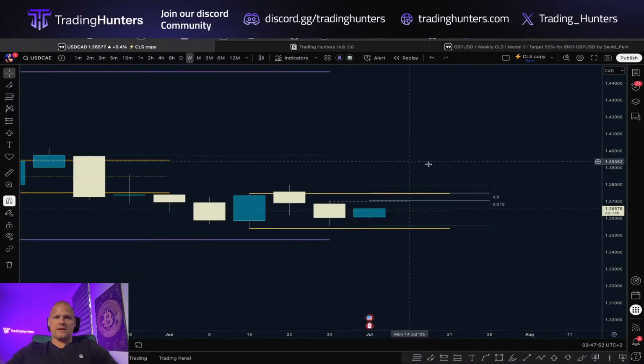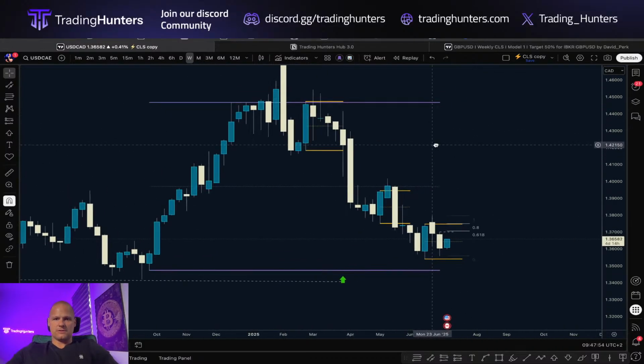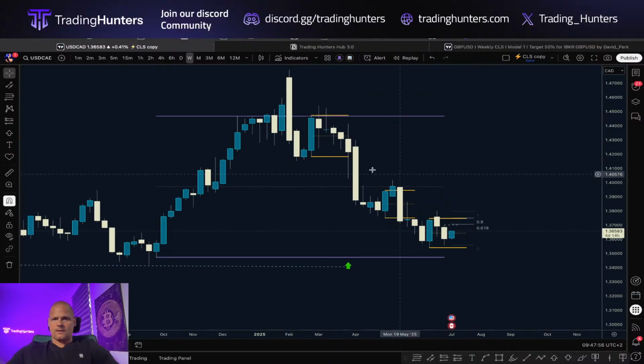Let's drop to the weekly and let's see if there were any setups. Once on the weekly we have changed order flow, which was actually this up candle and then this down candle closed below, so it has created this bearish order block. In other words, change in order flow.